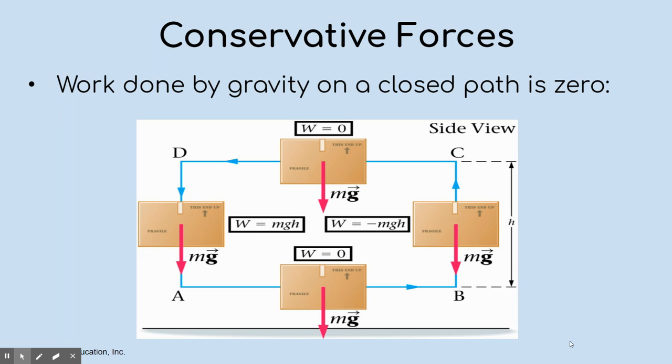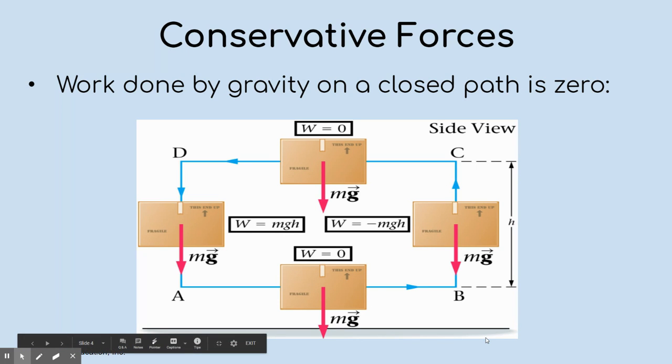Okay, a closer look at what is meant by work done by gravity on a closed path being zero. So here we see our closed path, and in this case, it is a rectangular loop. Here, gravity is not doing any work on these horizontal segments. It is doing work in the vertical segments.